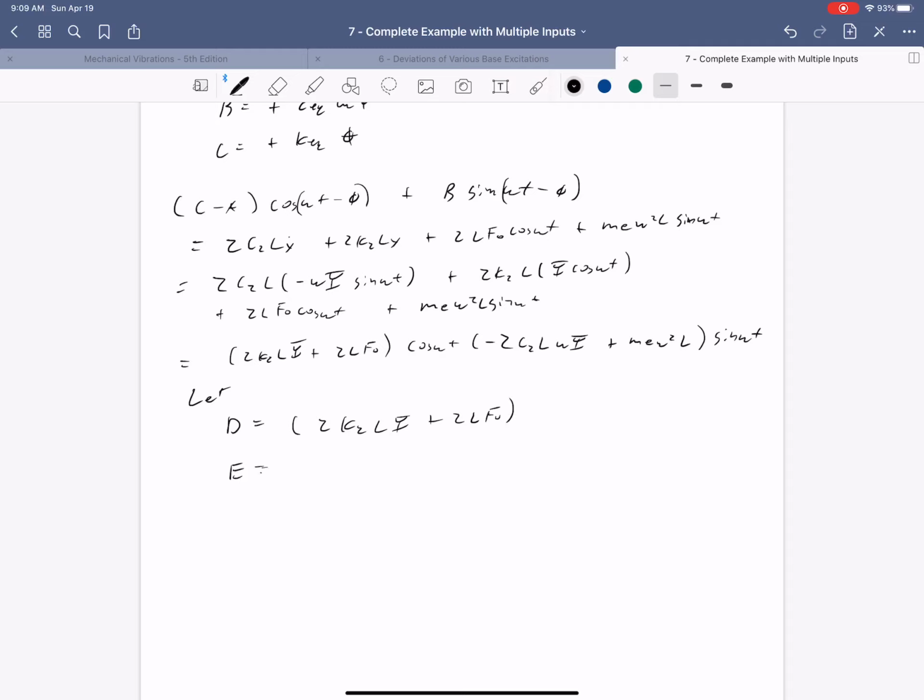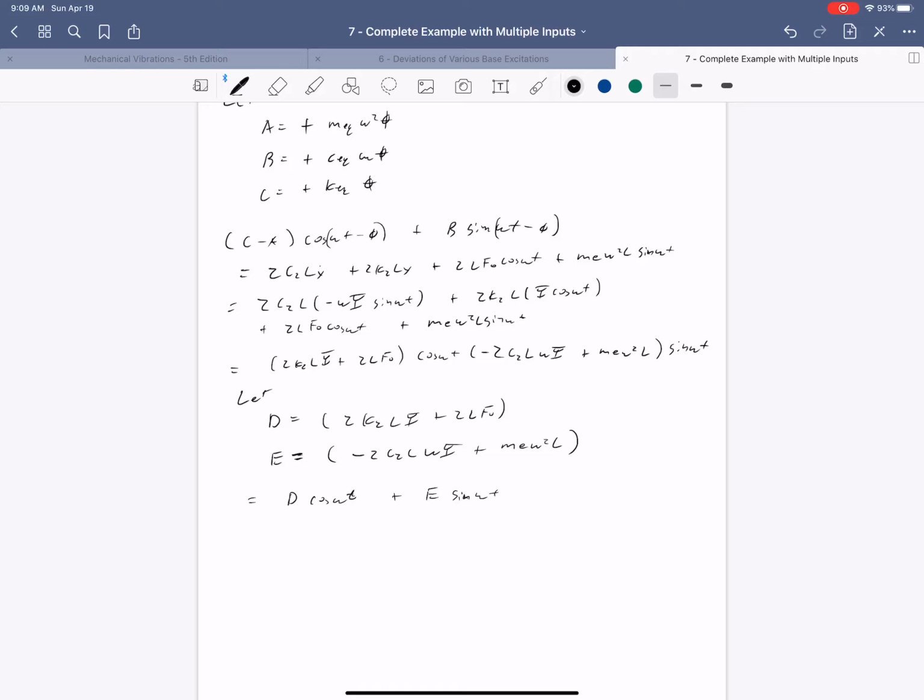And we'll let e equal negative 2c2 omega y plus me omega squared L. Okay, and now that whole system becomes equal to d cosine omega t plus e sine omega t.